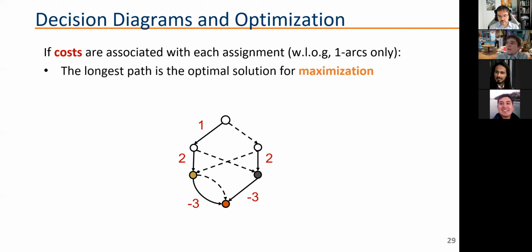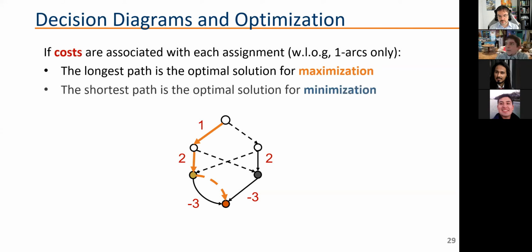Then the longest path in this decision diagram is going to be an optimal solution given by this particular path here. Whereas the shortest path is the optimal solution for the minimization problem, and it's going to be given by another path over the decision diagram. And the fact that you can extract optimal solutions for minimization or maximization using a decision diagram is very convenient.